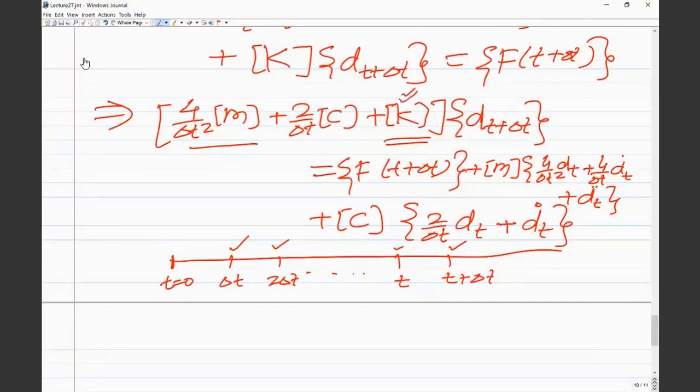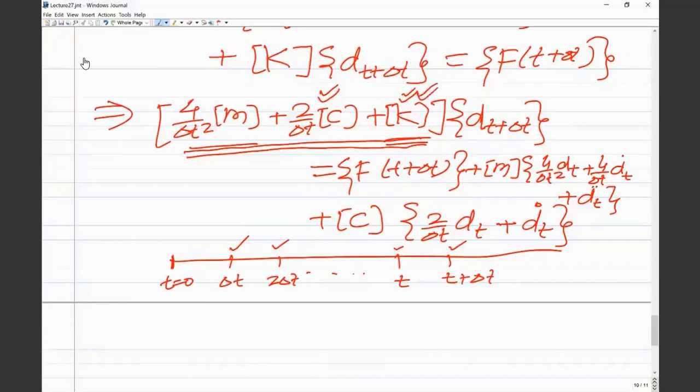So if K cannot be diagonalized, then you have to always solve this set of simultaneous equations. That means you have to invert this effective stiffness matrix, which is 4 upon delta t square into M plus 2 upon delta t into C plus K, and that takes a lot of time. So this technique is computationally very involved in terms of the solution of simultaneous equations, because of the presence of K on the left hand side in the coefficient matrix.